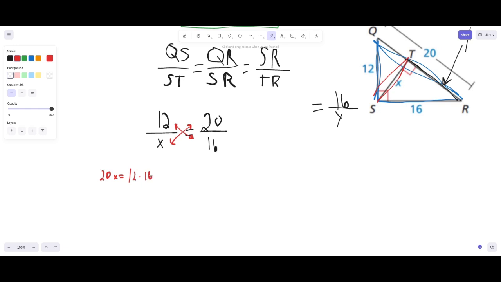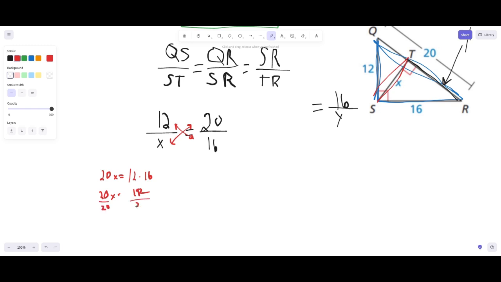So then 20x equals 12 times 16, which is 192. And that's going to be divided by 20.